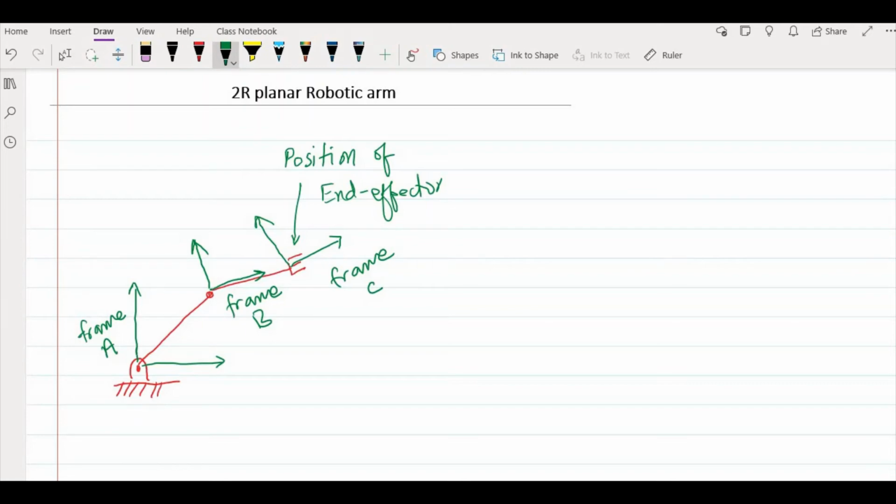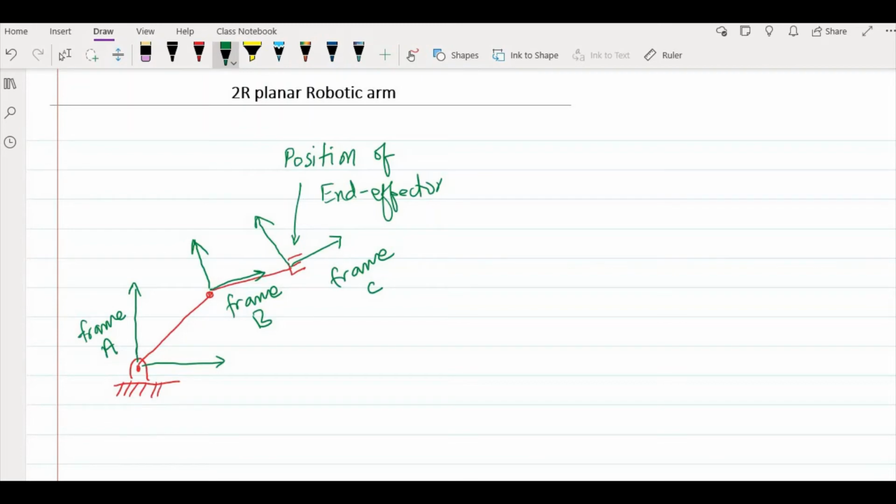Okay, so that's why we are studying these transformations, because we are interested in finding the transformations, so that if we know the position of this end effector with respect to frame B, how can we transform this into our reference frame, which is frame A? How can we do that?